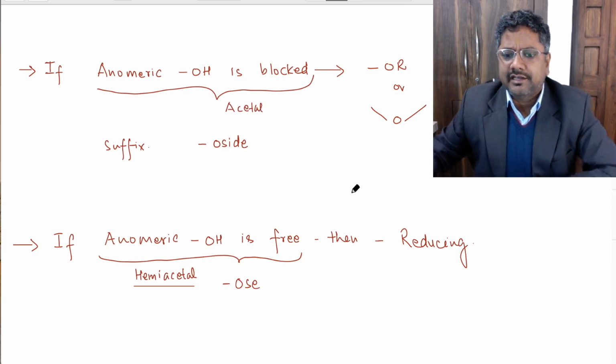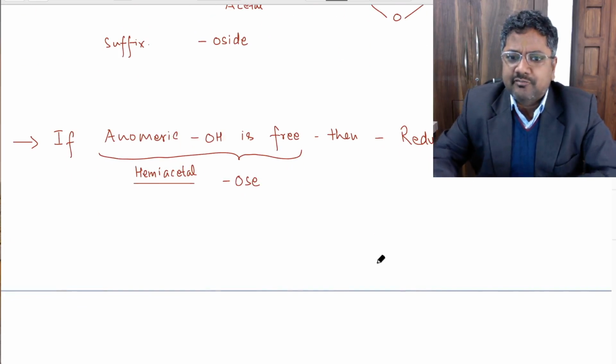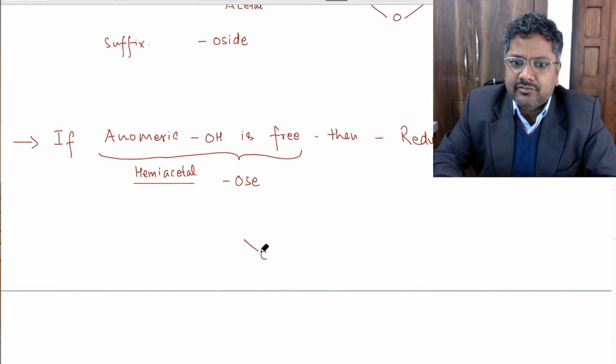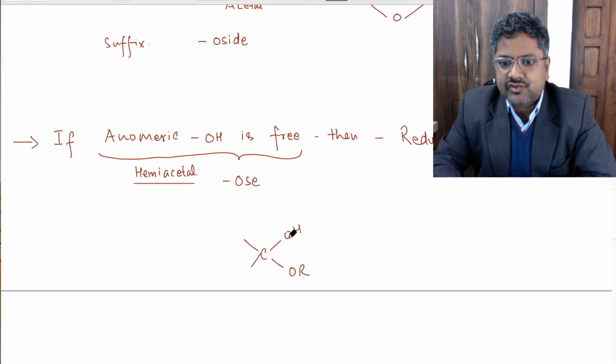Suppose that at some point the examiner has given you a structure like this, OH and OR, and asks you to tell whether this structure is reducing or non-reducing. How to answer this?